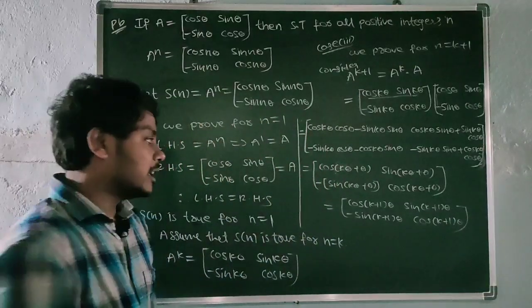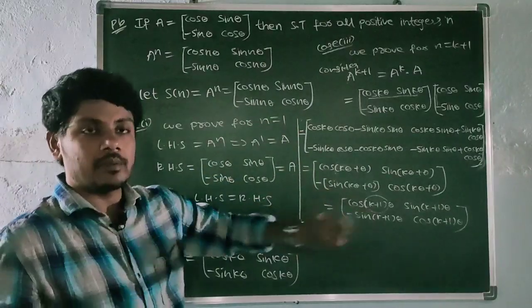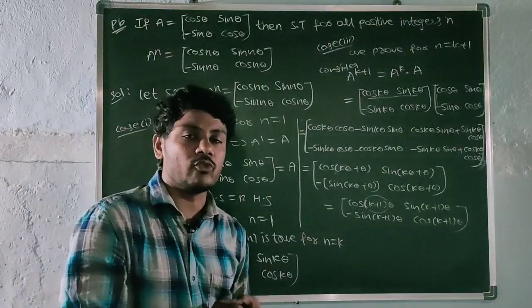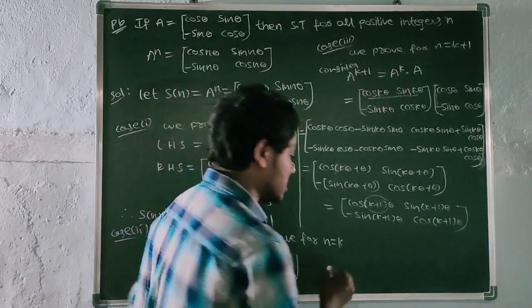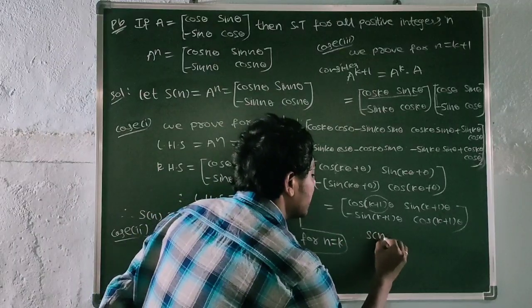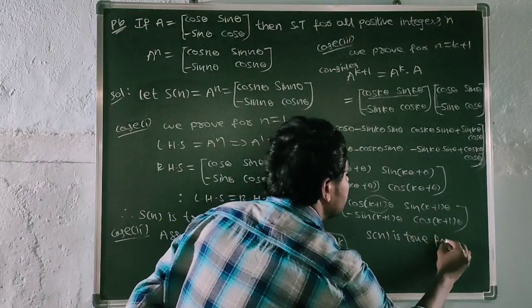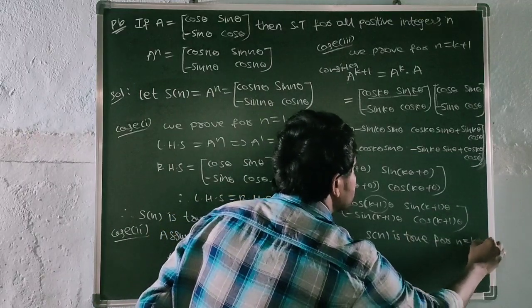So what you get in place of n, k plus 1. Therefore S of n is true for n equals k plus 1.